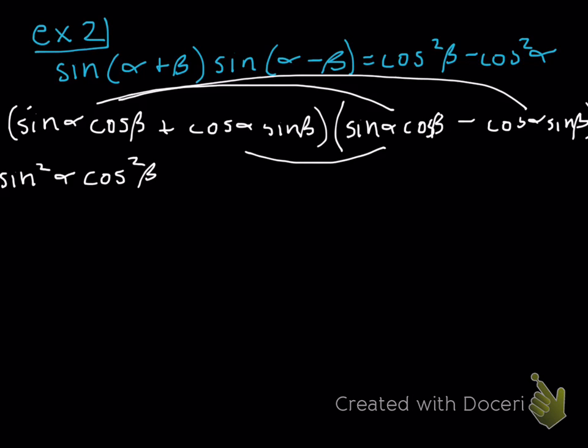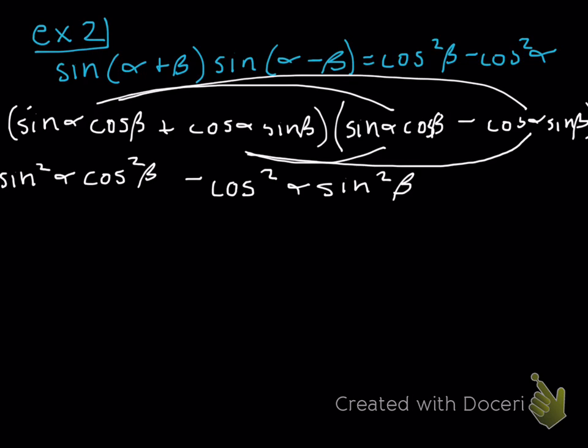So we know that those are going to cancel. So I don't need to write that down. But I know my last term will be there, and my last term would be cosine squared alpha sine squared beta.